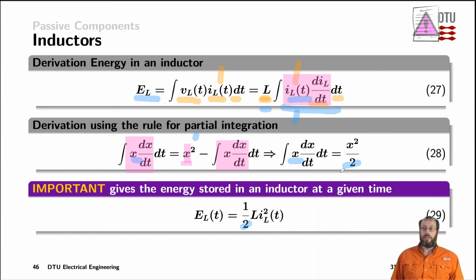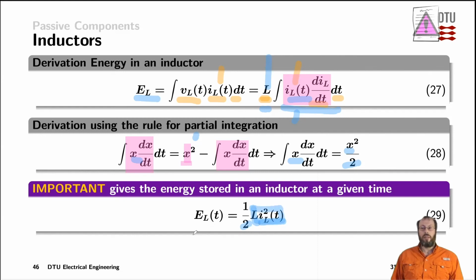And the original contents of the integral, which was our inductor current times the derivative of the inductor current, shows up as the inductor current squared over here. And the inductance L, which was outside the integral, we will keep along the way and just multiply with the result of the integral above.